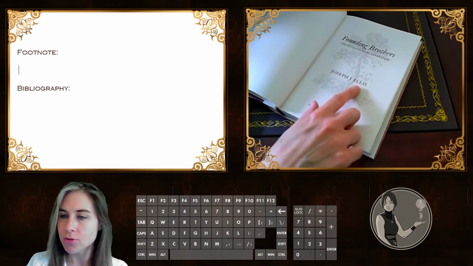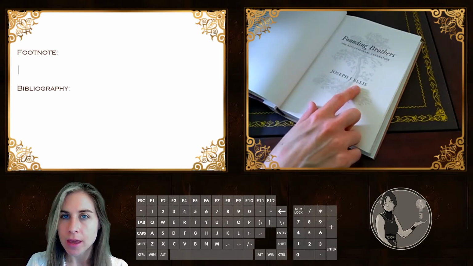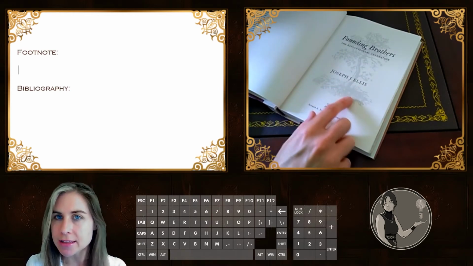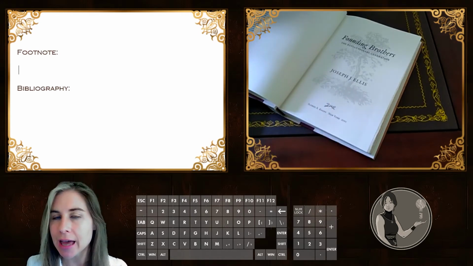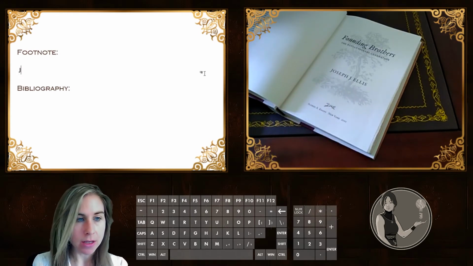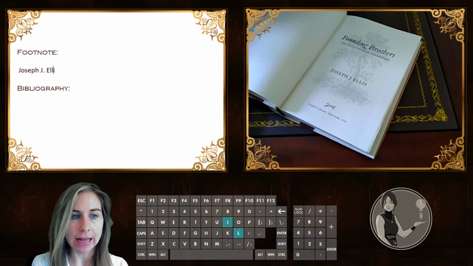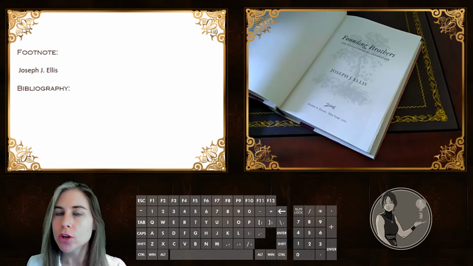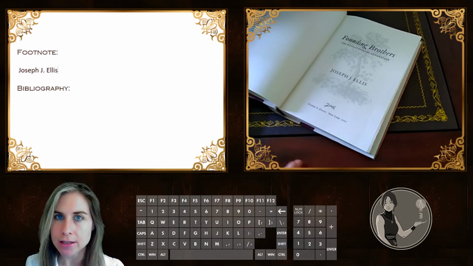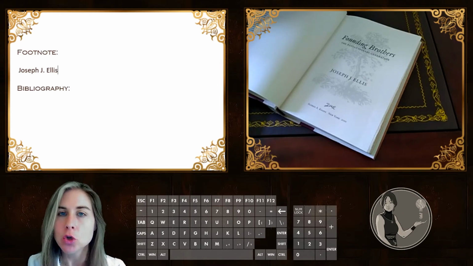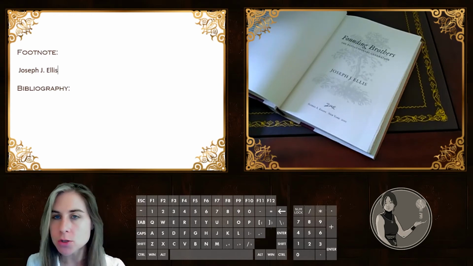So we begin our footnote with the name of the author. And because it's a sentence, we write the author's name the way we would say it aloud if we were talking to somebody. So, Joseph J. Ellis. Now, we could have put Joseph John Ellis or Joseph James Ellis if we knew what his middle name was. We also could have abbreviated it as J.J. Ellis.